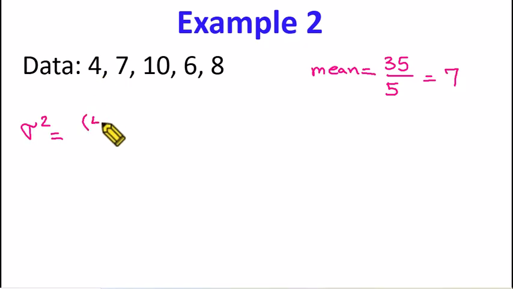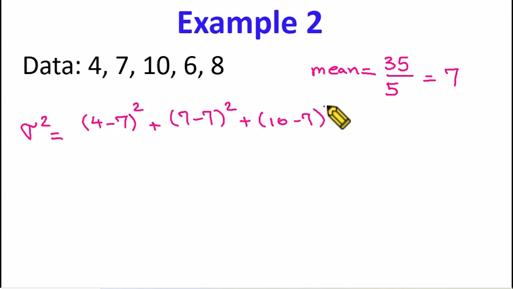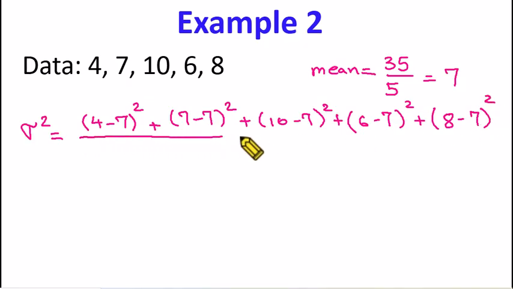We have 4 minus 7, and then we're going to square that difference, plus 7 minus 7 squared, plus 10 minus 7 squared, plus 6 minus 7 to the second power, plus 8 minus 7 squared. And we're going to divide everything by 5 because there are 5 numbers. N is equal to 5.